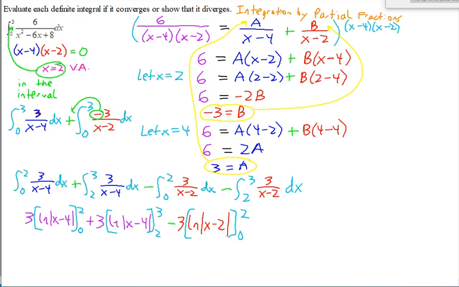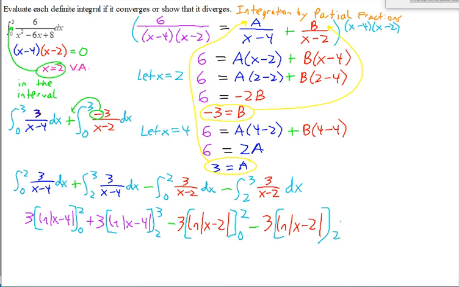And then finally minus 3 natural log absolute value of x minus 2 from 2 to 3.